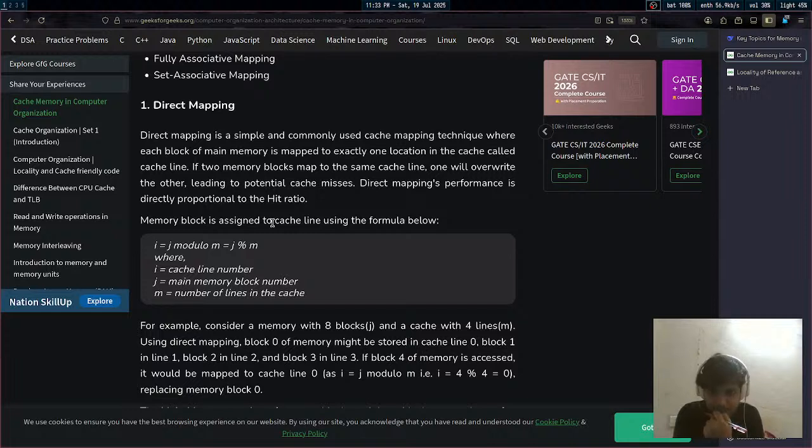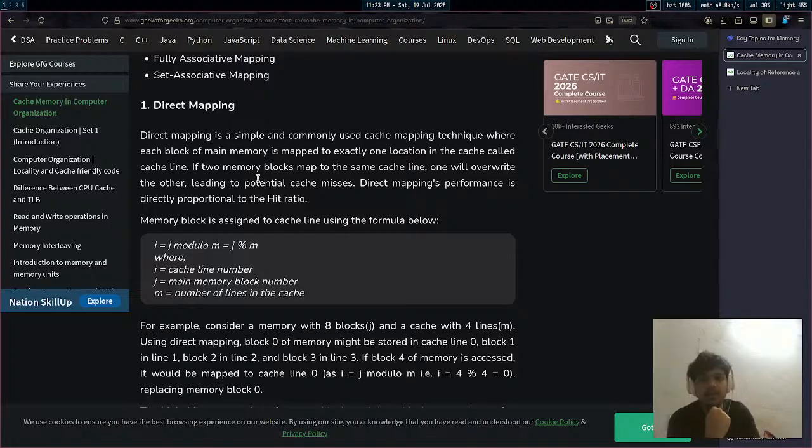Wait, what do you mean by block? Again, I will assume it as segments, but what exactly are blocks of memory? Each block is mapped to exactly one location in cache called a cache line. If two memory blocks map to the same cache line, one will overwrite the other, leading to potential cache misses.